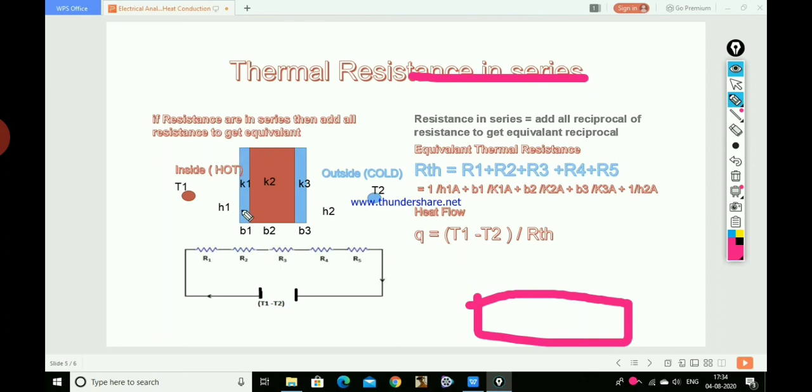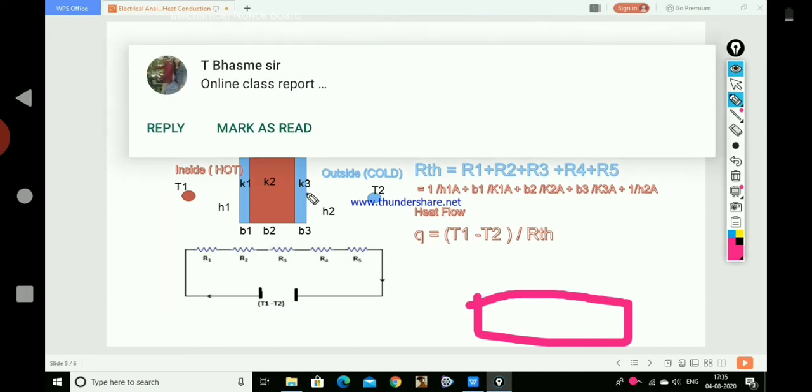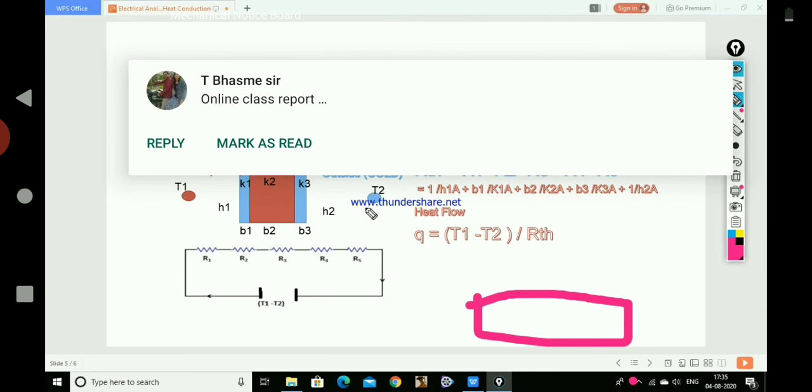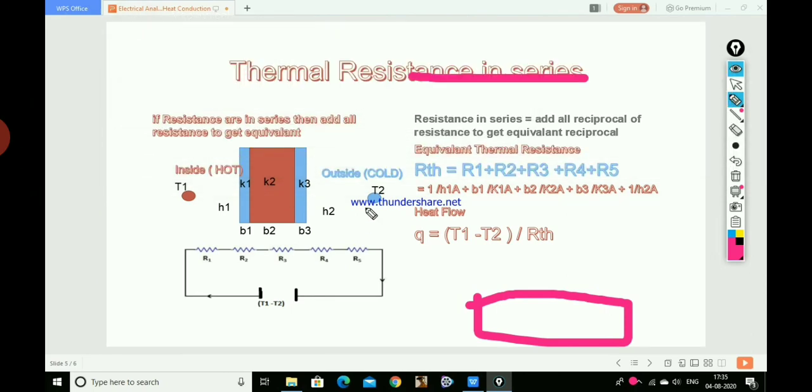The blue one is the plaster, the red zone shows the bricks, and again the blue zone is the plaster. Let their thermal conductivities be K1, K2 and K3. Now let us say inside air is at 100 degrees centigrade and outside air is at atmospheric temperature. So inside air, that is T1, is hot, and outside air is T2.